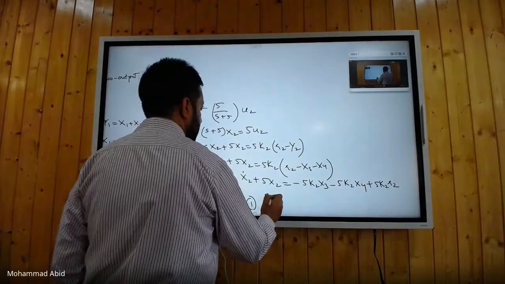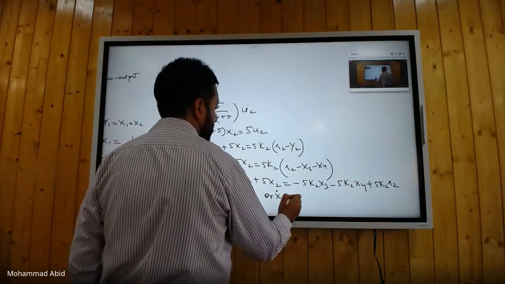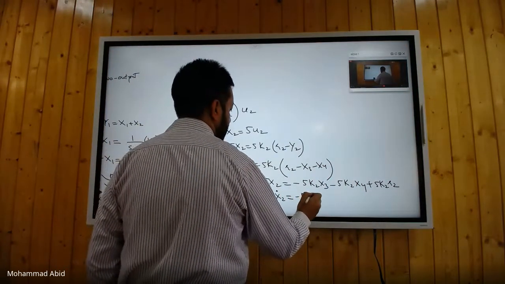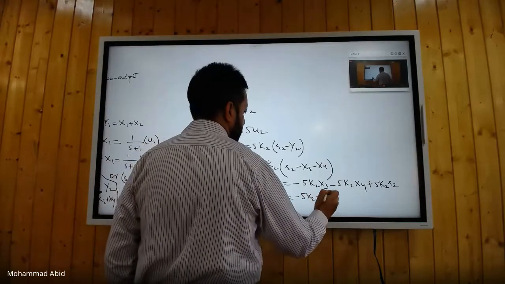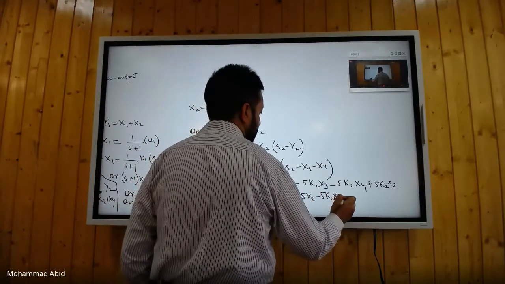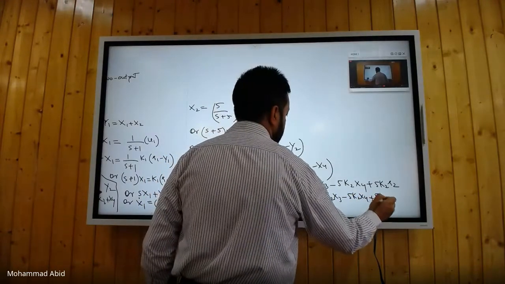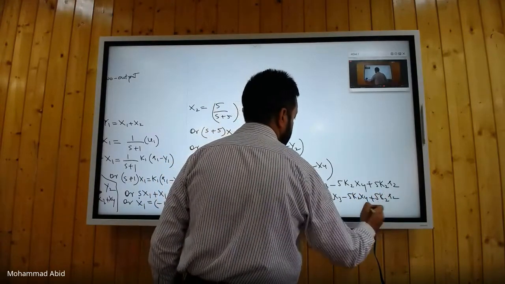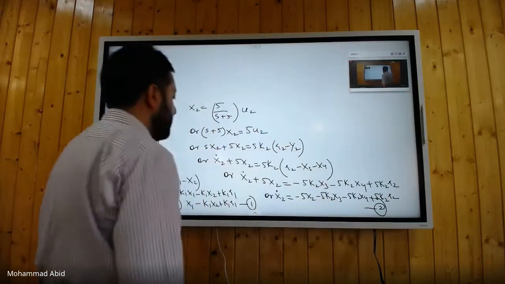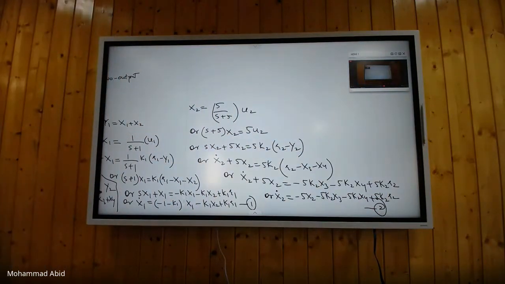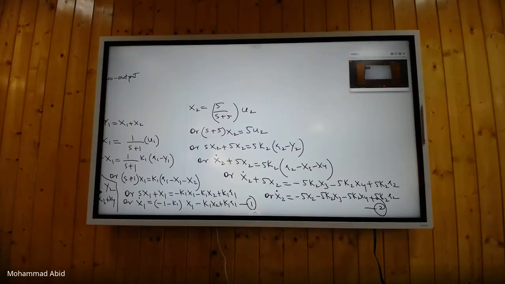Or I can write x2 dot is equal to minus 5 times x2 minus 5 times k2 x3 minus 5 times k2 x4 plus 5 times k2 r2. This becomes equation number 2. Any problem in this equation? No, sir.